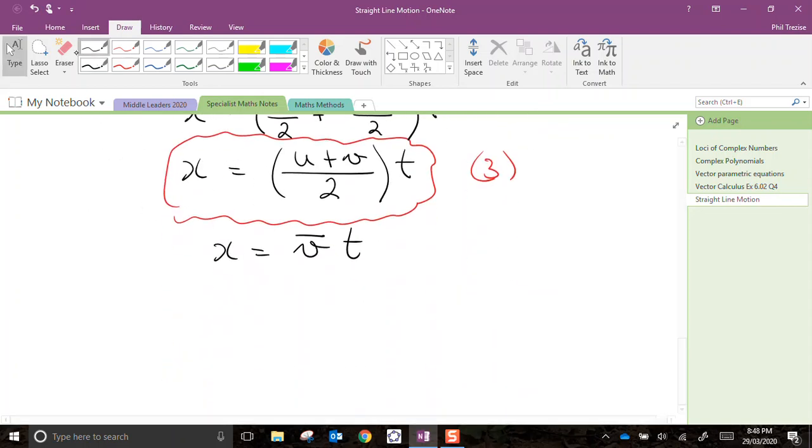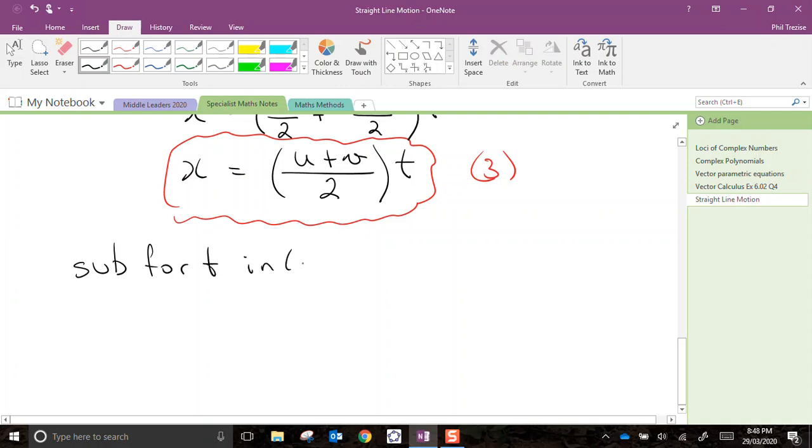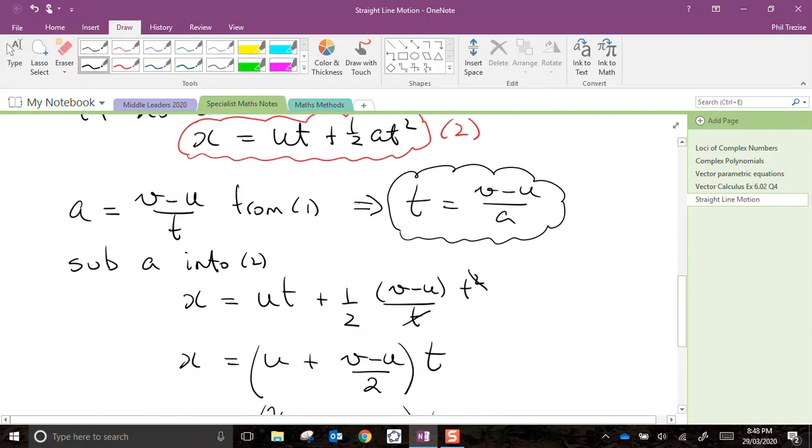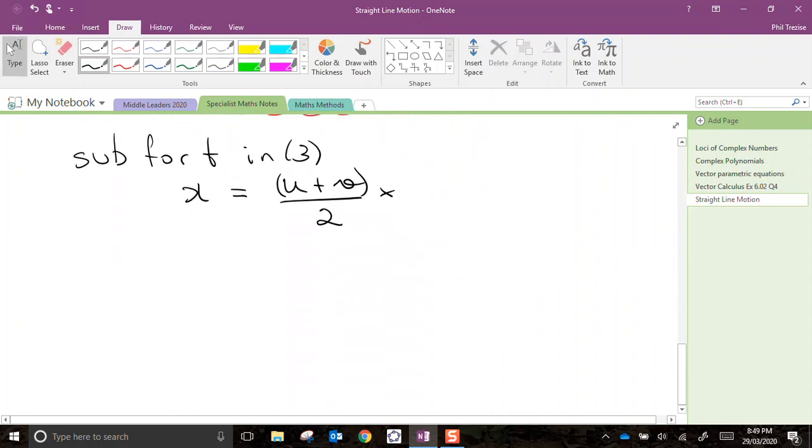So what we'll do is now we will substitute for time in equation 3. So it starts with x equals u plus v over 2. Now instead of time, we had back here v take u over a.